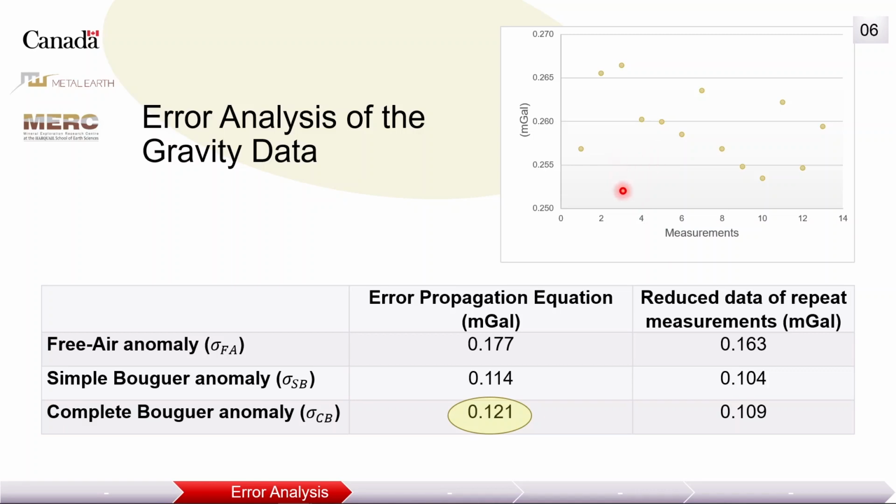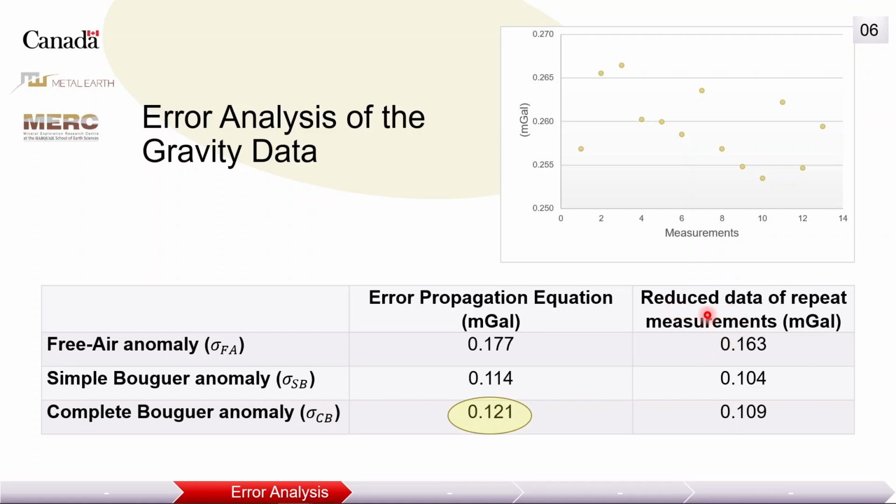So we have to take that into account, and we estimated the error in two ways. One is the error propagation equation, which is very common in lab physics, where we can estimate the uncertainty or error for every correction that we apply to the data.